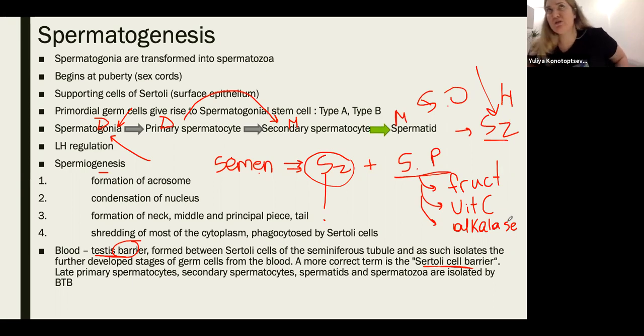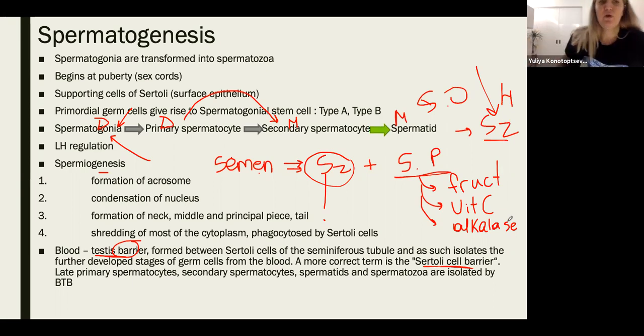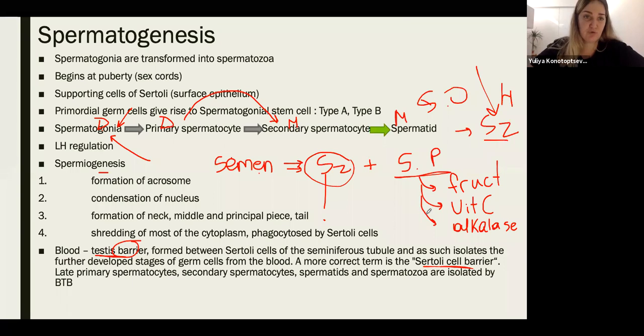The pH is about 5.5. So it's quite acidic. We need alkylase to neutralize or buffer the acidity of the female reproductive tract, so the spermatozoa can survive and the acid does not just get rid of them.